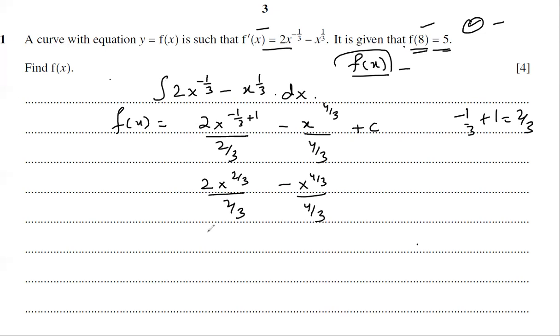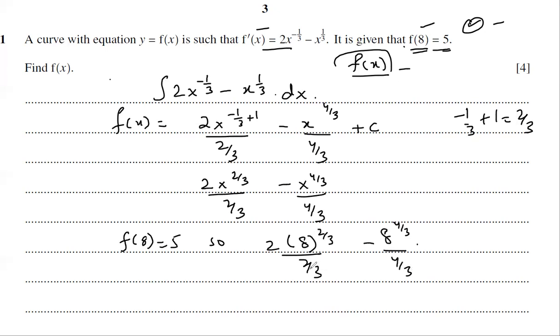So equating it, putting the value of 8, f of 8. So 2x is 8, 8 power 2 upon 3 upon 2 upon 3 minus 8 power 4 upon 3 upon 4 upon 3.